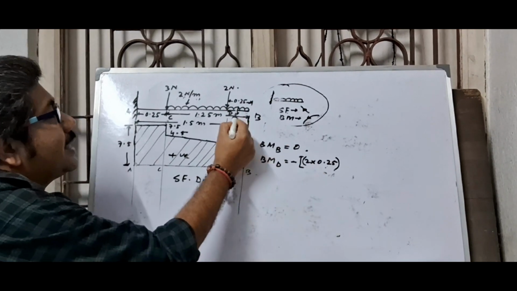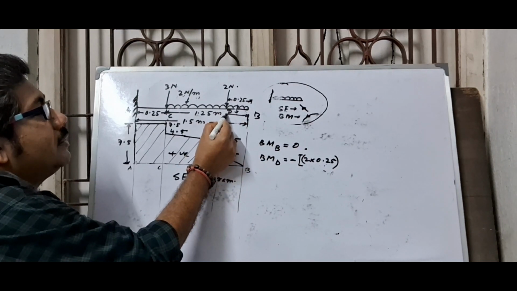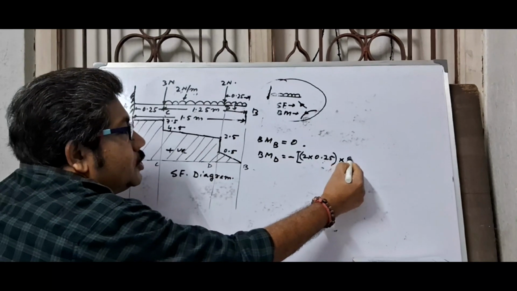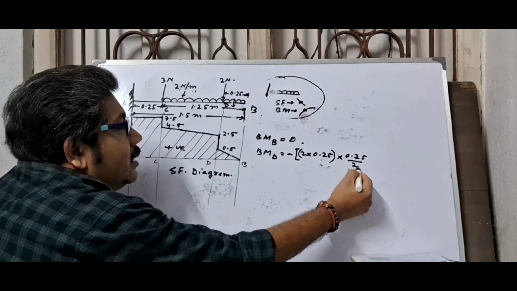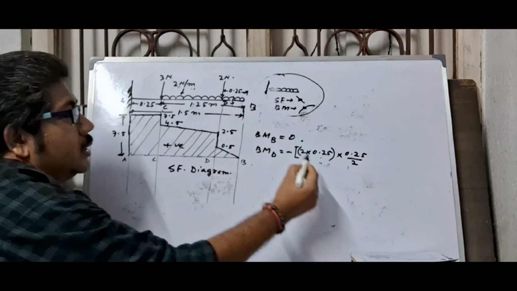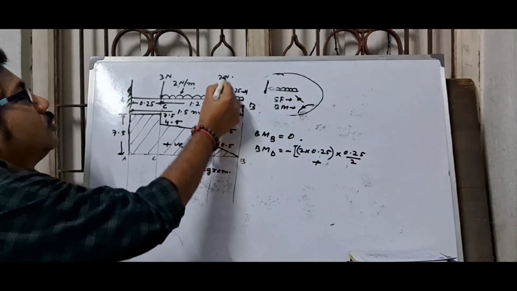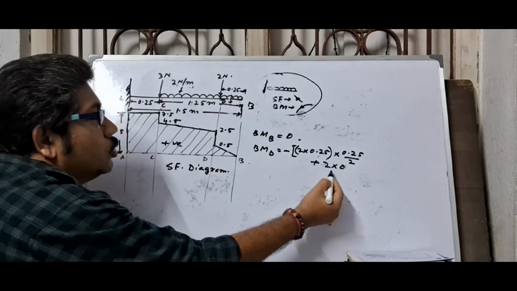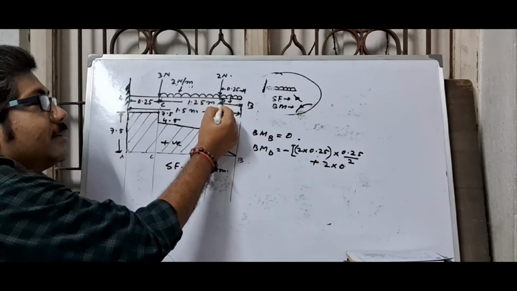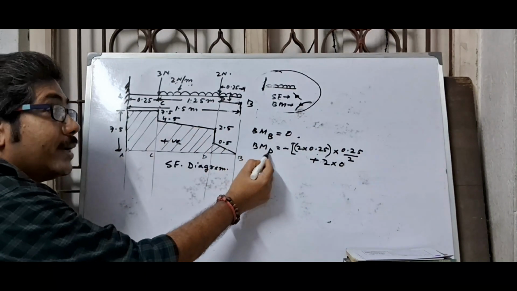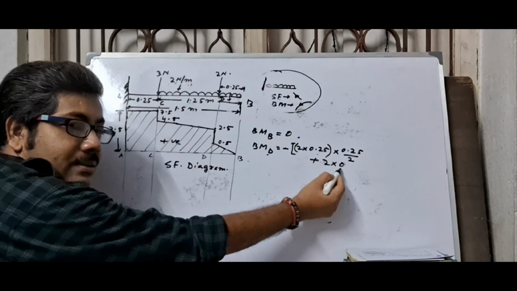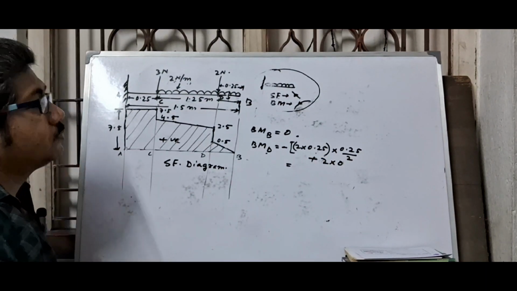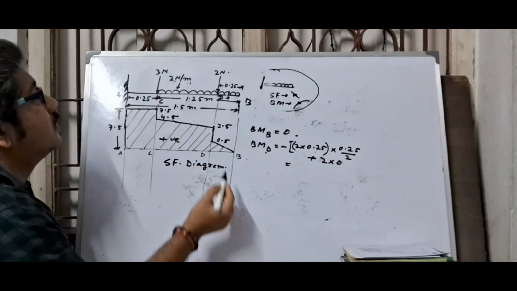You are taking moment at point D, so the distance is 0.25 by 2 for UDL, plus the 2 Newton acting at point D, so 2 into 0, because the force is acting at point D and you are taking moment at point D, so there is no distance. Now calculate, this is BM suffix D.